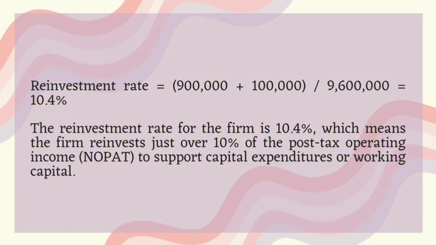So that is 900,000 in net capital expenditures plus 100,000 in change in net working capital, over the net operating profit after tax of 9.6 million, which equals 10.4%.